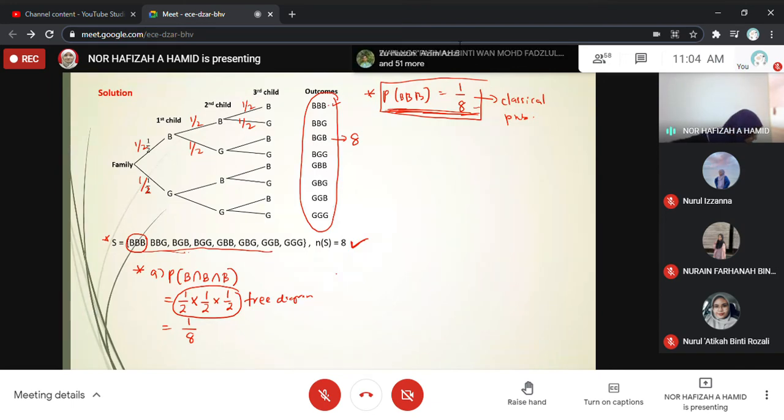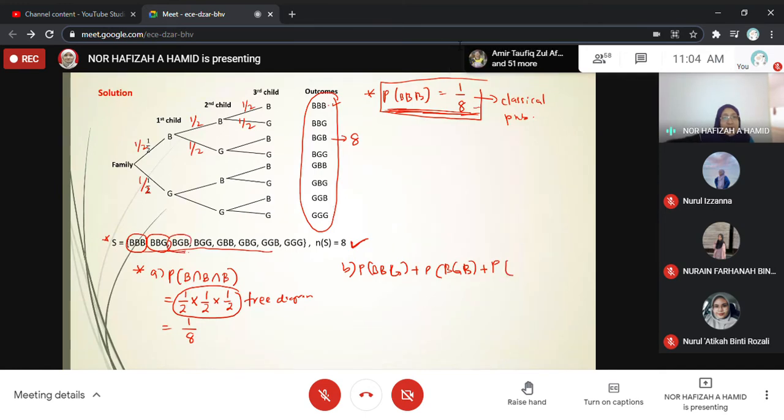Then B wants one girl. So for the probability of one girl, we refer to the sample space: you have BBG, so the probability for BBG, plus the probability for BGB, plus the probability for GBB. Then just multiply. So this is 1/2 times 1/2 times 1/2, so the same for each, and when you add them you get 1/8 plus 1/8 plus 1/8.